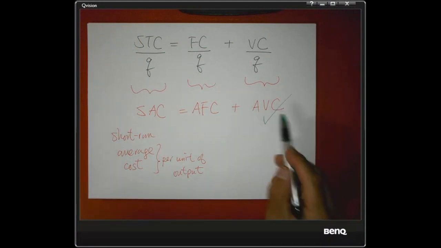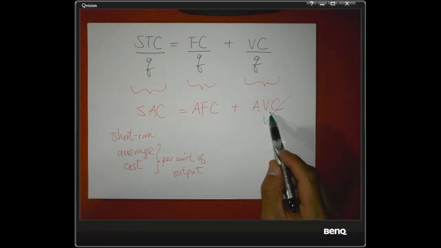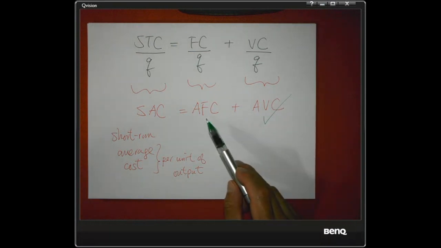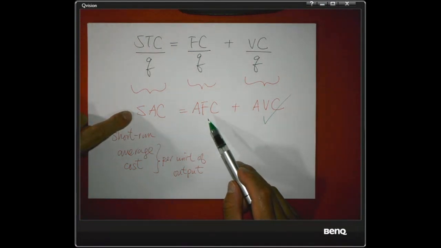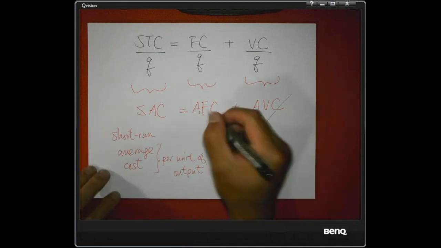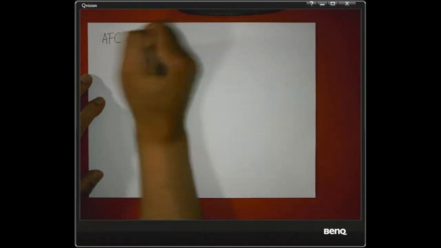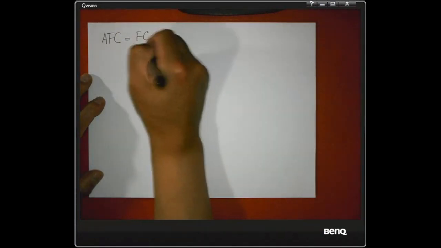We have figured out the average variable cost. And therefore, if we can figure out the average fixed cost, then we can figure out the short run average cost. So now, how can we figure out the average fixed cost? Average fixed cost is equal to fixed cost divided by output.